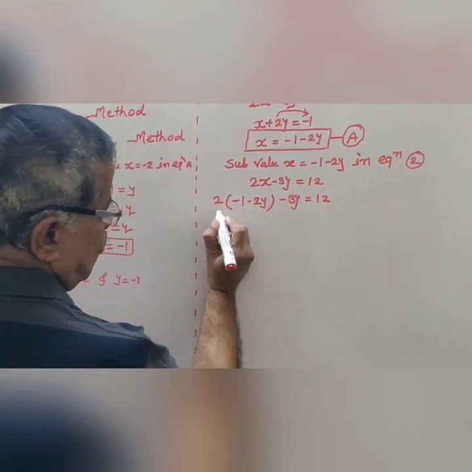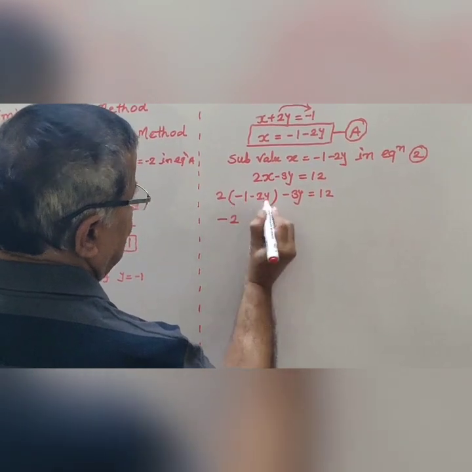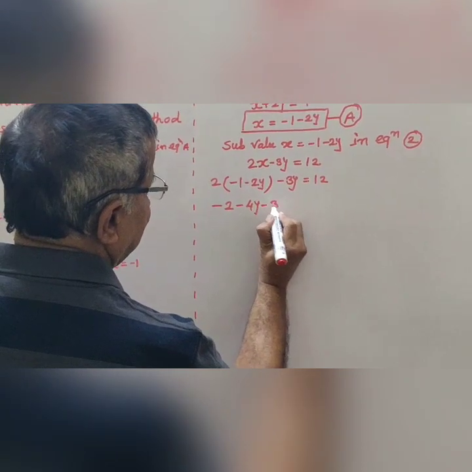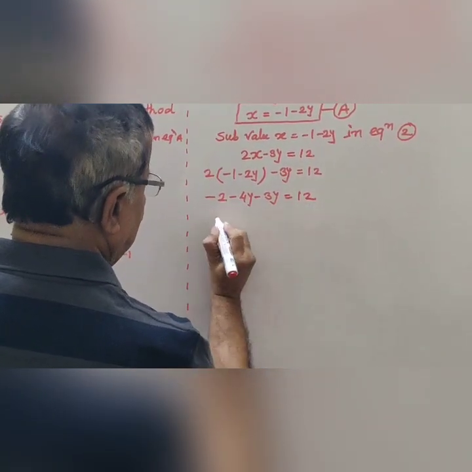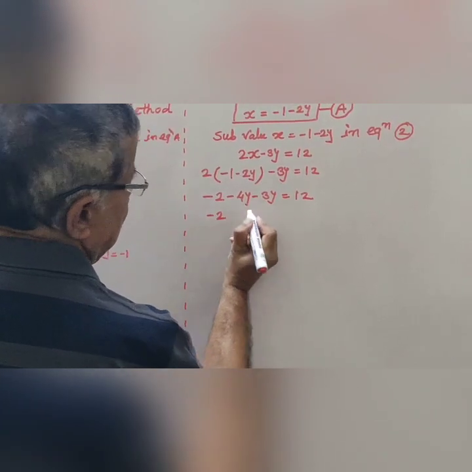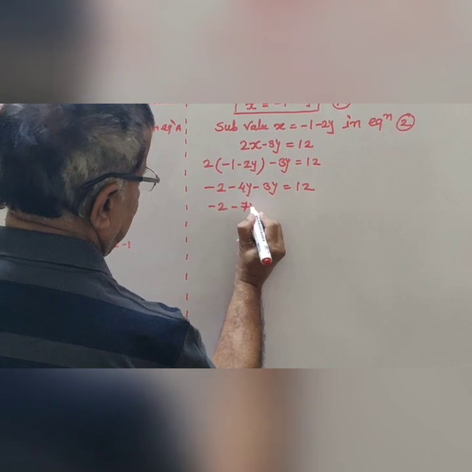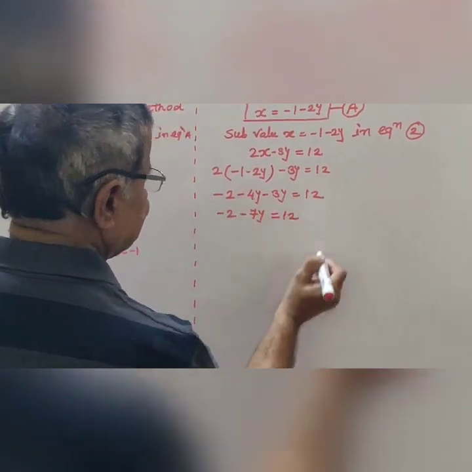Now I will open the bracket. So what will come here is minus 2 minus 4y minus 3y is equal to 12. Minus 2 minus 4y minus 3y is minus 7y. Now I will transfer the 2 to that side.